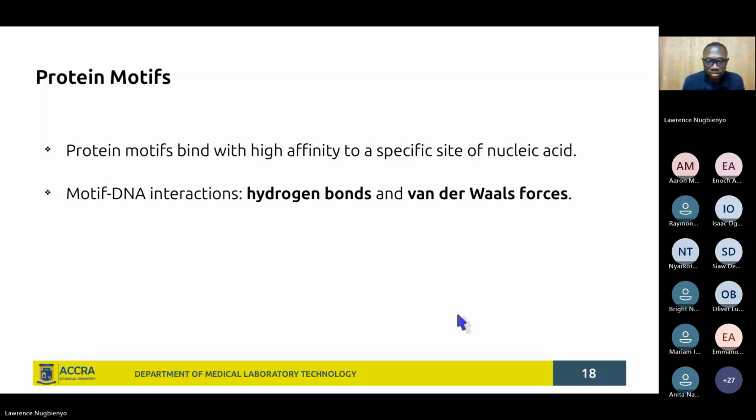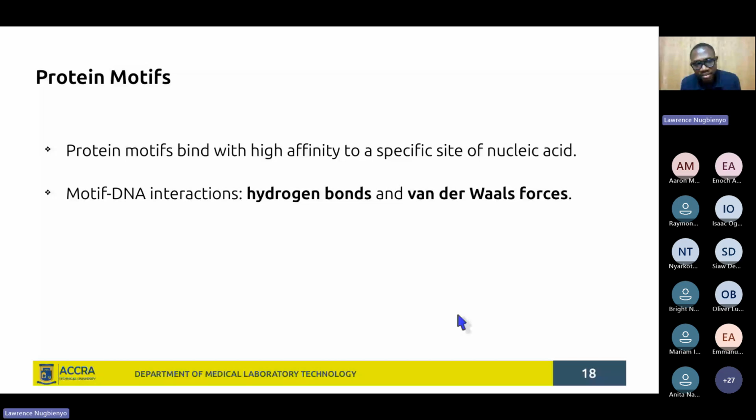And if you studied enzymes, the enzyme is a big protein, but it's not that any portion of it at all is having interaction with its substrate. You have some specific portion of the enzyme, the protein, that will have interaction with the substrate. That specific portion we refer to as the active site or the active center of the enzyme.